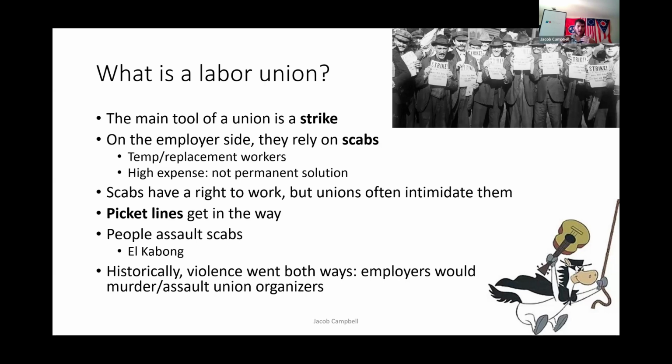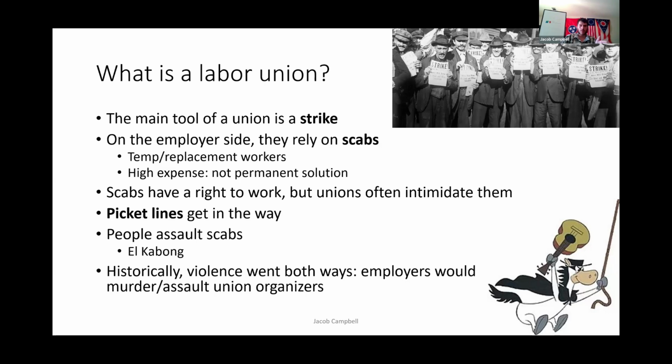And scabs are going to be hated, especially in your so-called company towns, sometimes big cities that have one major employer, usually a manufacturer. Very often, they're not from that town. They're people who are oftentimes imported. The companies will go and recruit in other cities, looking for people who really need a job right now, and they'll bus them in.